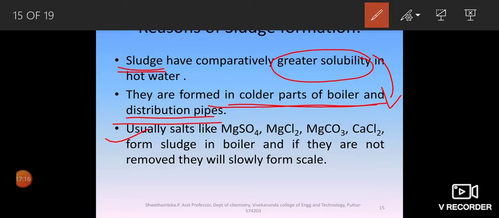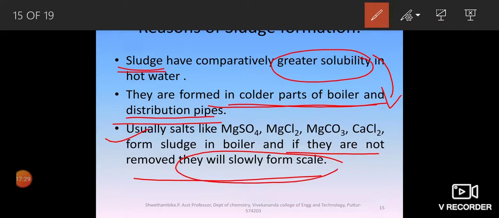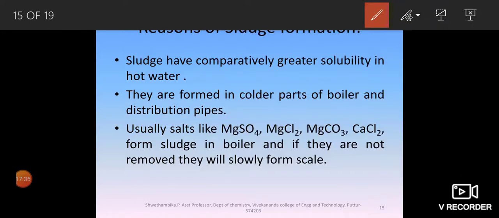And the very problem with the sludge is, if we have not removed them, they are loose and slimy, non-adherent, but if we leave it there, then they will slowly transform themselves and be converted to scale over a longer duration.